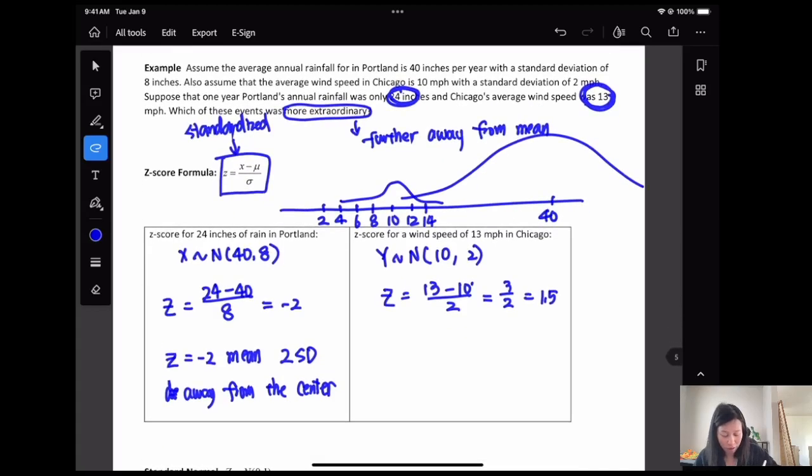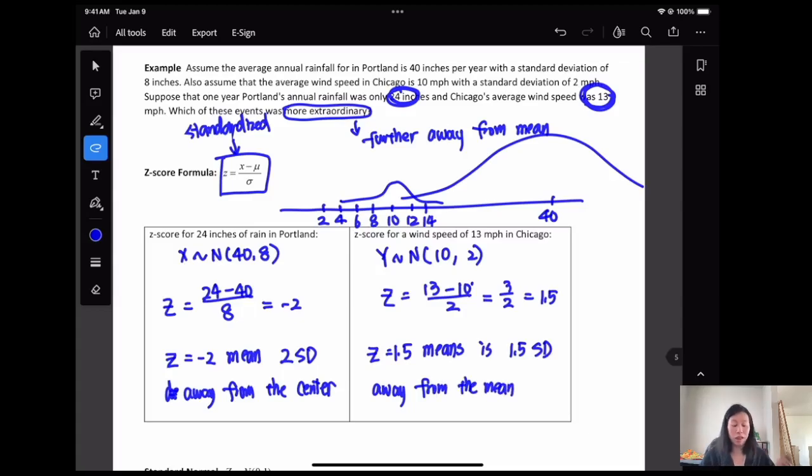So z equal to 1.5 means that the wind speed in that year is 1.5 standard deviations away from the mean.